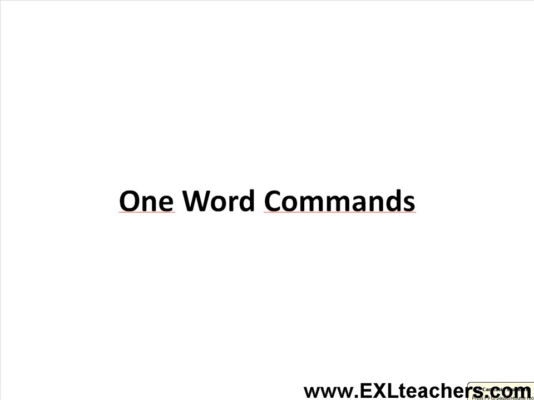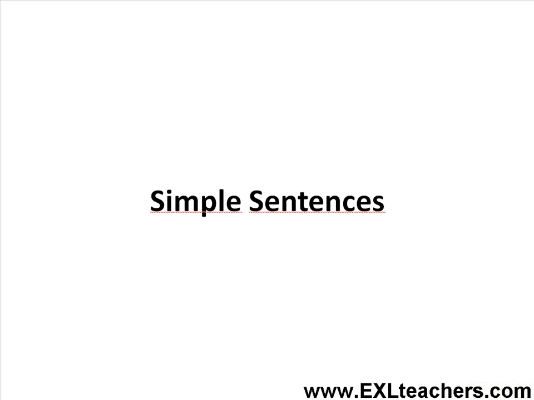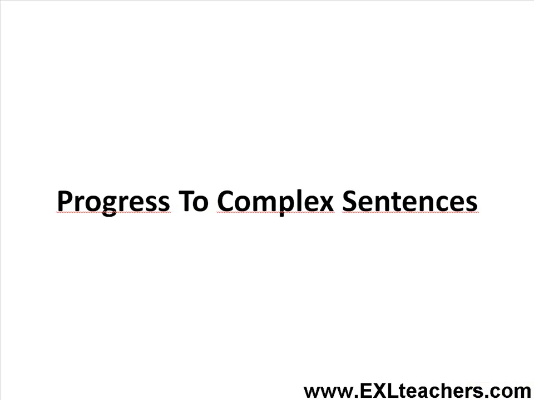Anyways, you're going to start off with simple one-word commands, and you're going to build and develop into simple sentences. And then as time goes on, you're going to progress to more and more complex sentences. Initially you might just be saying stand up, sit down, walk. And then you'll progress to stand up and walk.